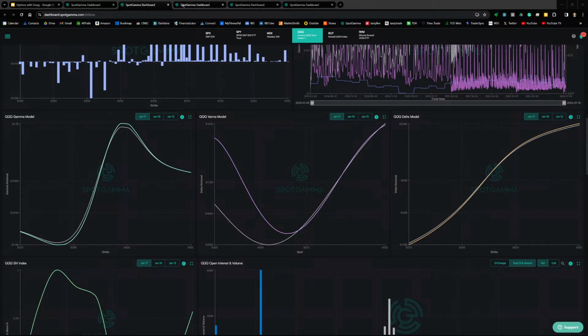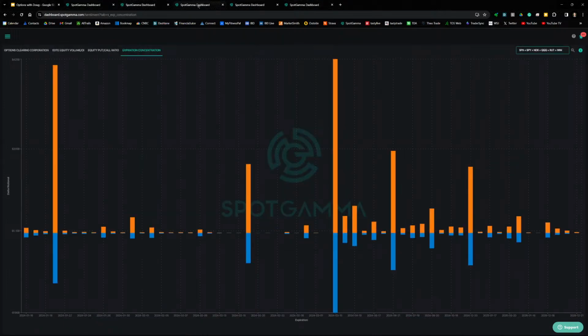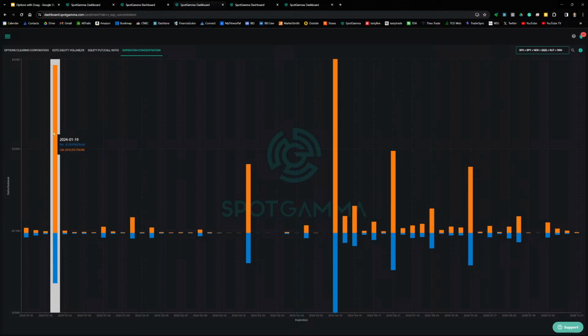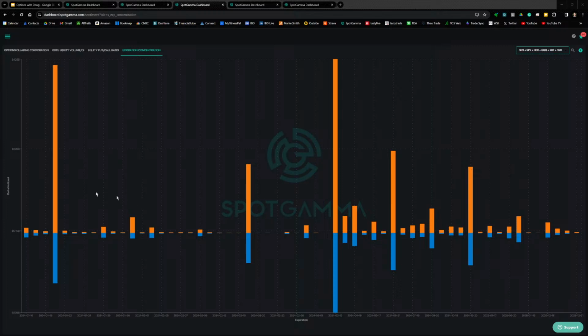All right, one other thing I want to point out real quick. This is the expiration concentration for this Friday. This is January expiration. I'll talk more about this tomorrow, I just want to introduce it today. This is delta notional at a variety of expirations. That is the January expiration, the large bar on the left. The orange bar is showing call delta, and the blue bar is showing put delta.